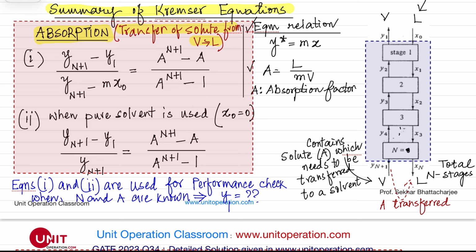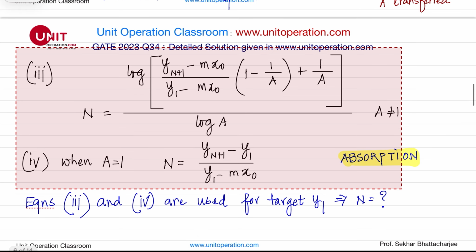But if it is the other way, if yn plus 1 is known to you, that means inlet mole fraction, and you know your target mole fraction, that means how much you want to reduce the concentration, and you want to know how many stages are required, then the same equations can be written in a different form, which is this one right here. And as you can see, for A equal to 1, this equation breaks down. So for A equal to 1, you use this equation here.